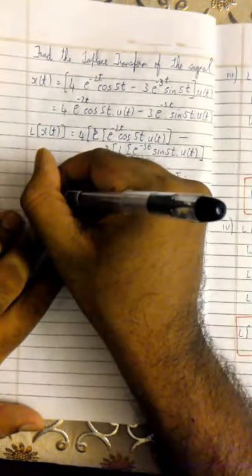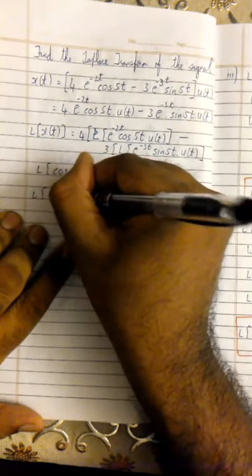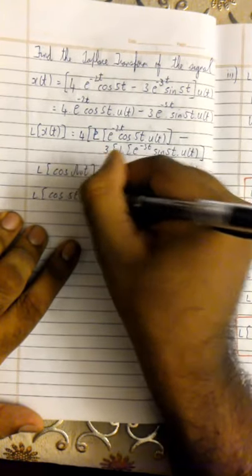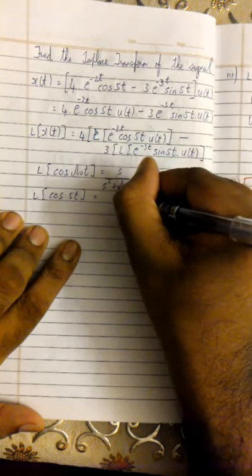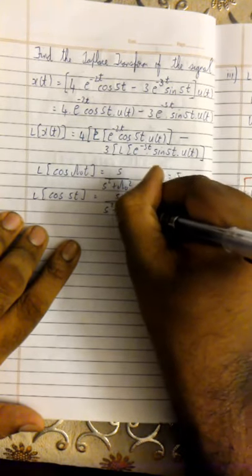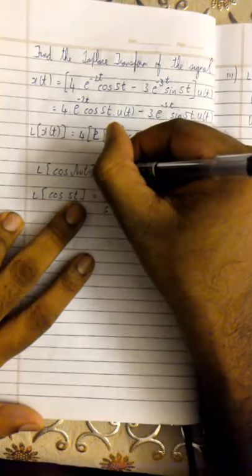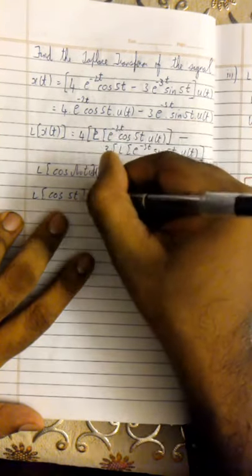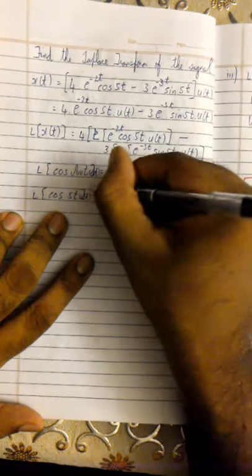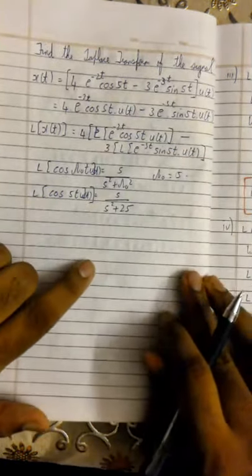So therefore the Laplace transform of cos 5t is equal to s by s square plus 25. Okay, into u of t. This is a unilateral Laplace transform, so you have to multiply with u of t in both.